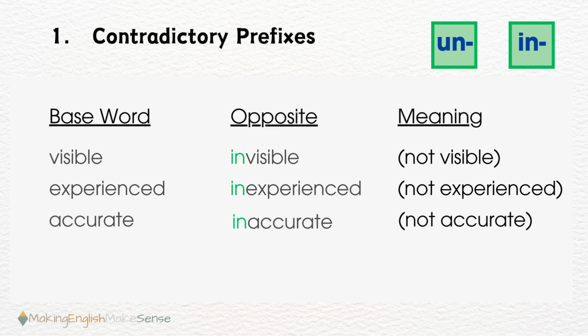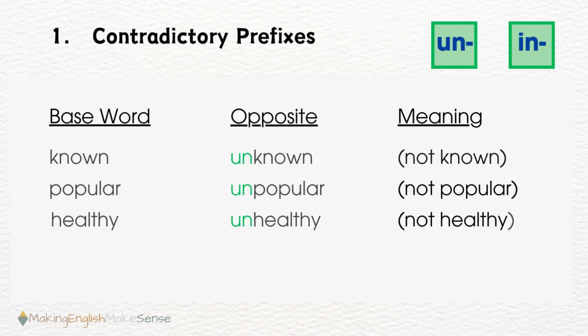Experienced becomes inexperienced and means not experienced. And accurate becomes inaccurate and means not accurate. Some other examples using the prefix un are known and unknown, popular and unpopular, and healthy and unhealthy.